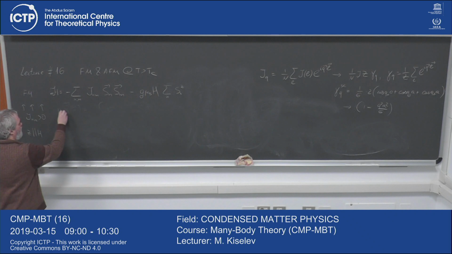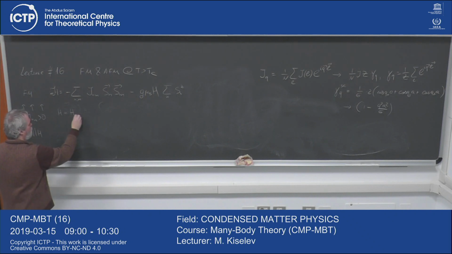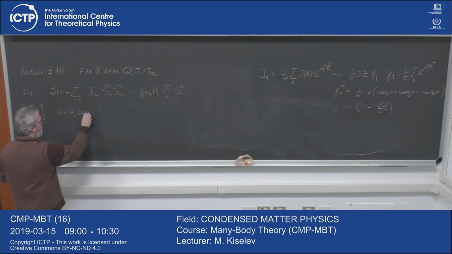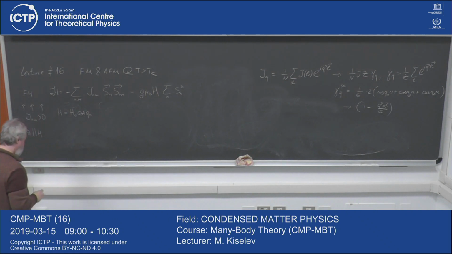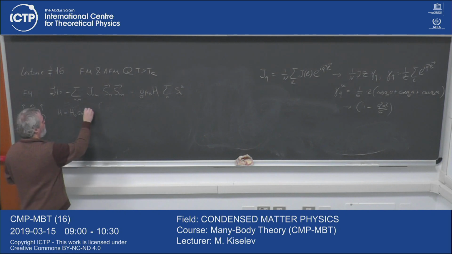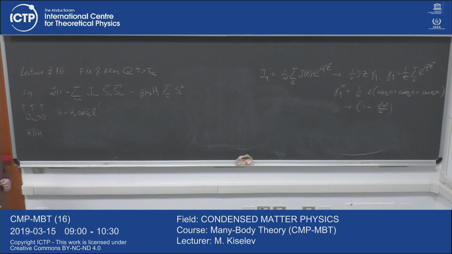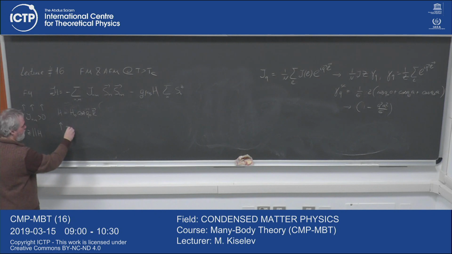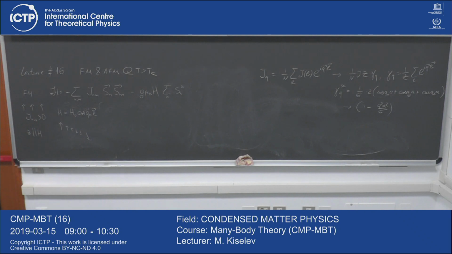H, which is along z, is H_0 times cosine of Q_0 dot R, which means that the field changes from site to site.